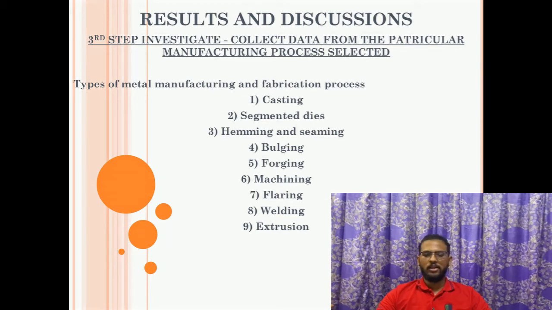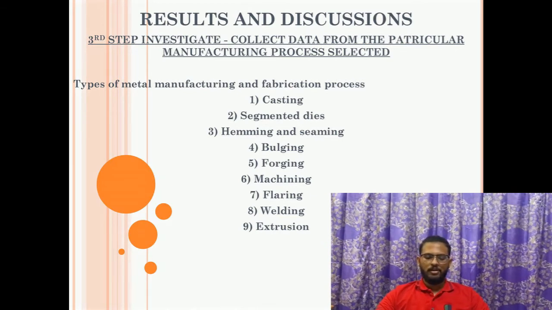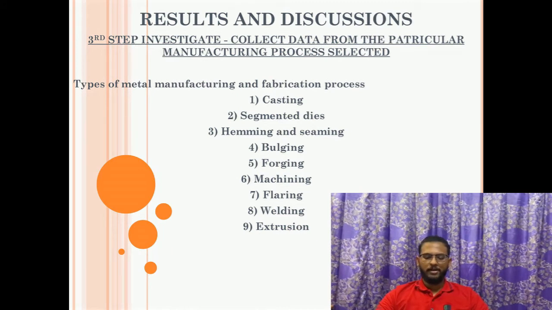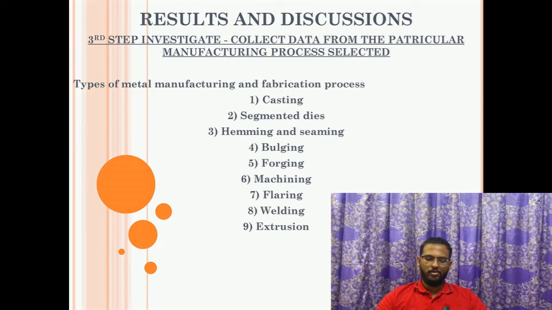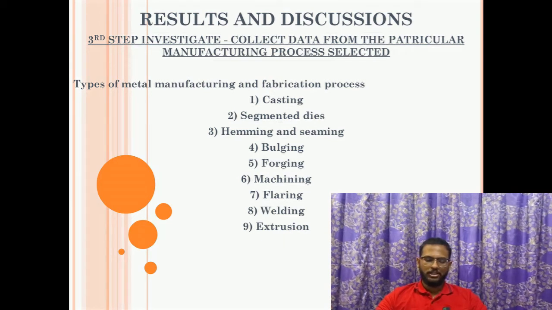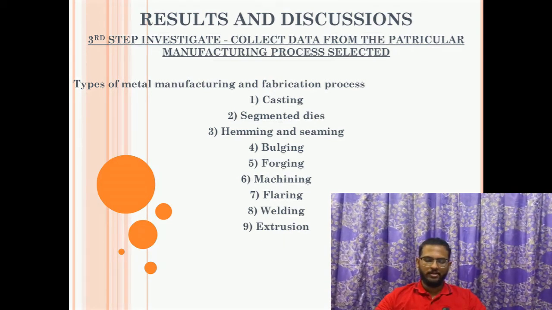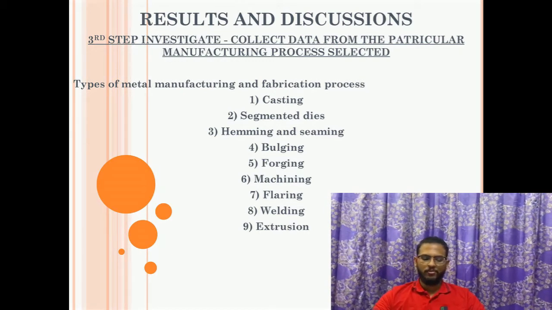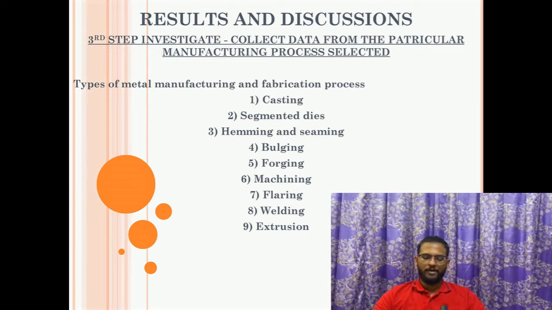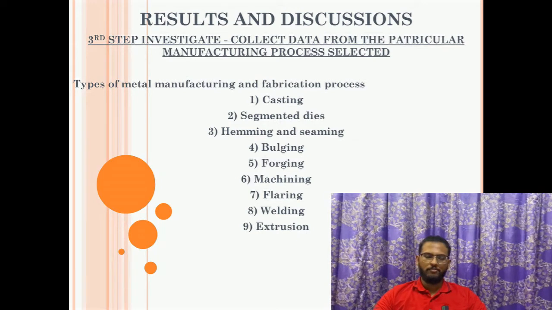The next one is segmented dies. A segment is one of the parts into which something naturally separates or is divided, a division or portion, a part cut off from a figure, especially a circular or spherical one, by a line or plane, as a part of a circular area contained by an arc.